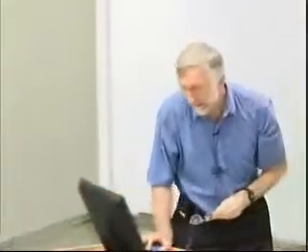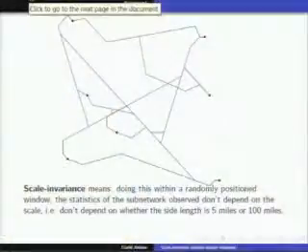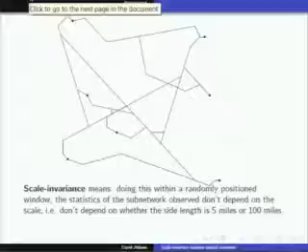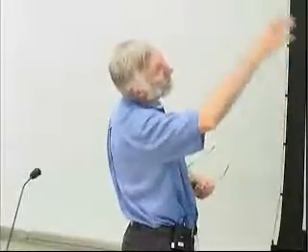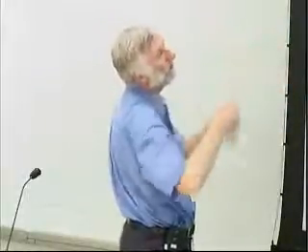Going back to my pictures here, I'm imagining something like this, but now the points are spread over the infinite plane, and we're looking at routes between each pair of them. But we want to say that within a window, we don't fill the whole window with roads.